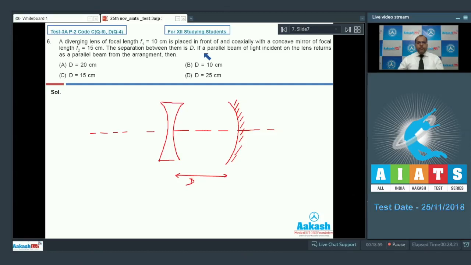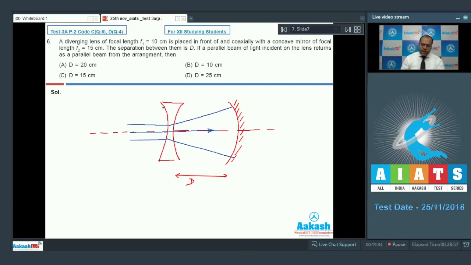Further, if a parallel beam of light incident on the lens returns as a parallel beam from the arrangement, then we have to calculate the value of D. Suppose these are the parallel rays which are incident on the diverging lens. So after diverging from the lens, they will move in this fashion, suppose, and this line goes undeviated.